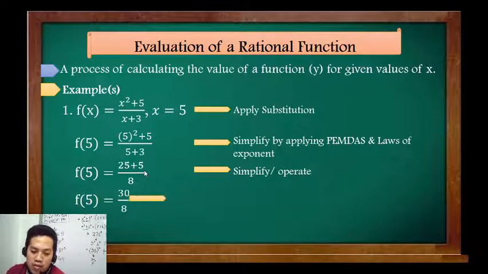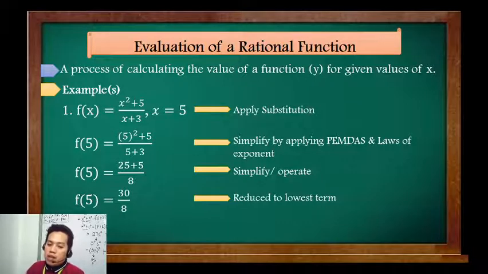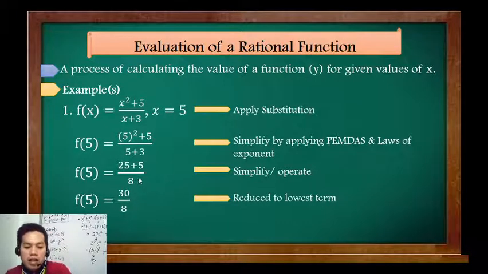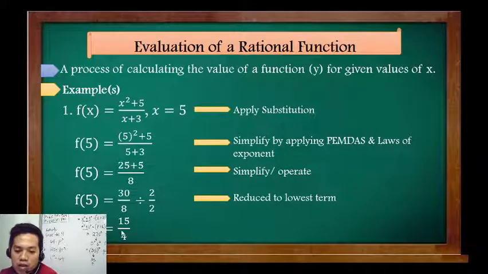Okay, so after this one, we need to reduce to lowest term. So we look for a number which is divisible by the numerator and divisible to the denominator. So we have 2. 30 is divisible by 2 and 8 is divisible by 2. That is why 30 divided by 2 is 15 and 8 divided by 2 is 4.